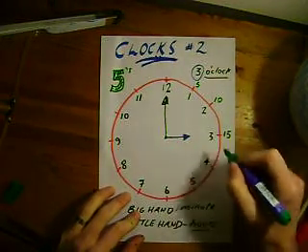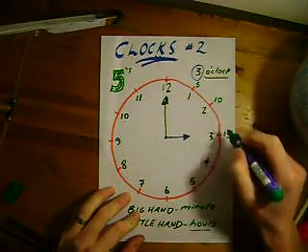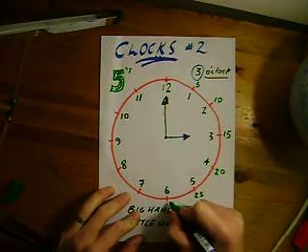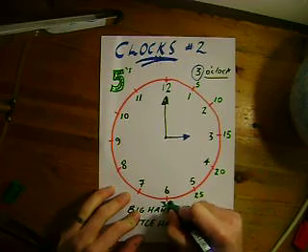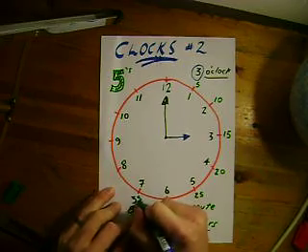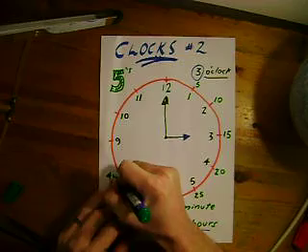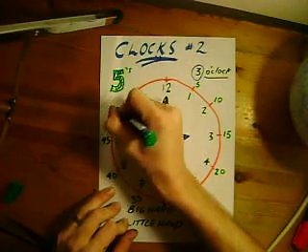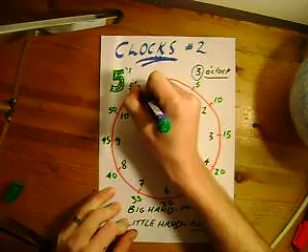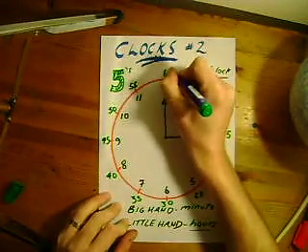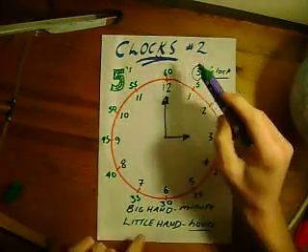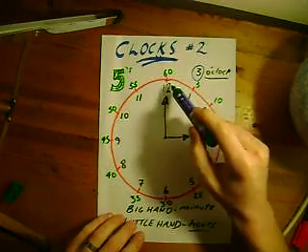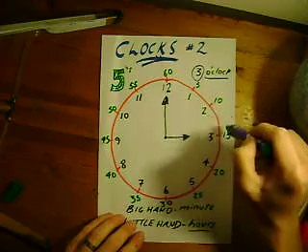You need to work these out by yourself. 5, 10, 15, 20, 25, 30, 35, 40, 45, 50, 55, 60. Right? So the minutes hand, when it's pointing to these numbers, counts in 5s.